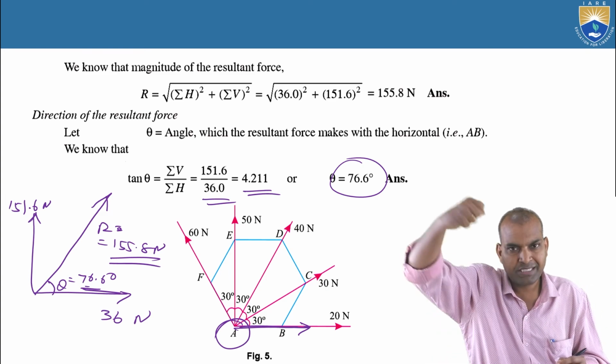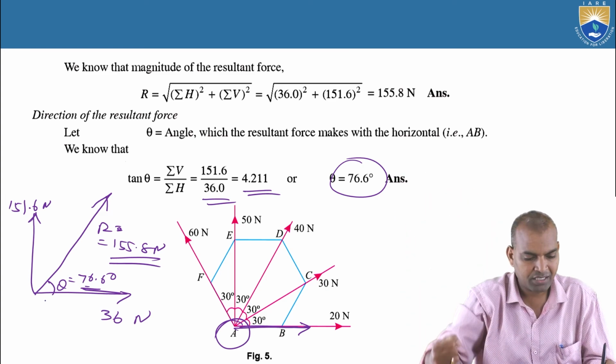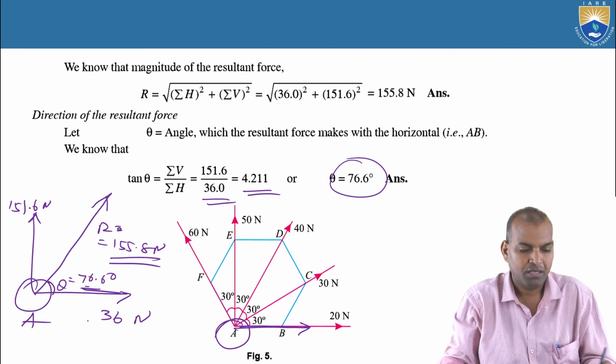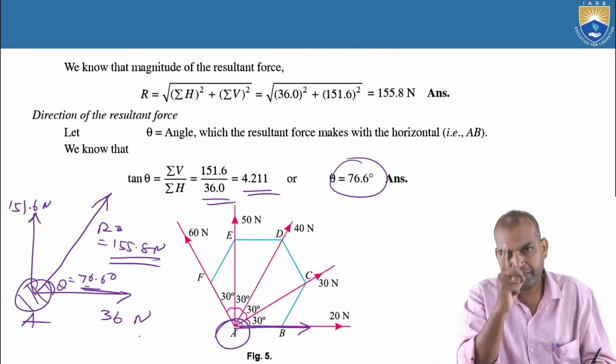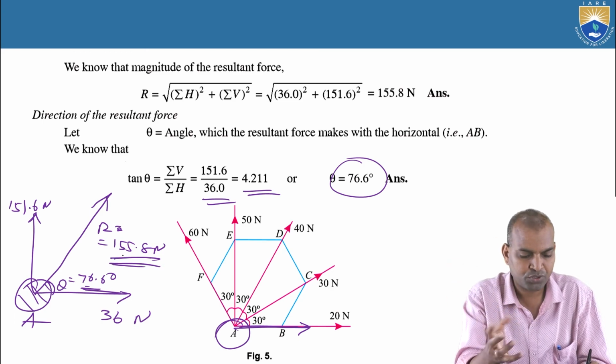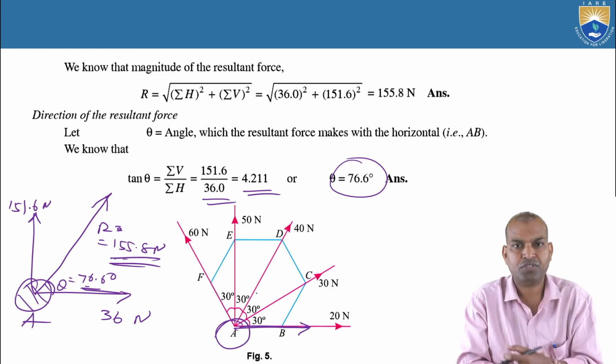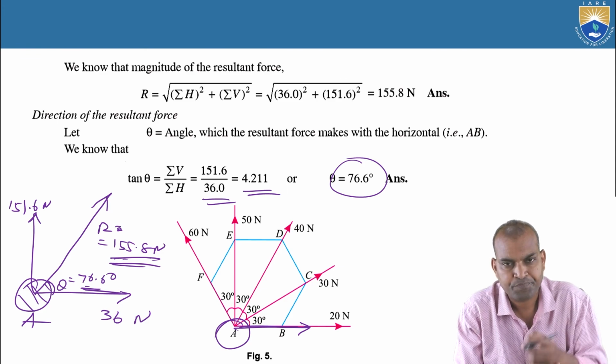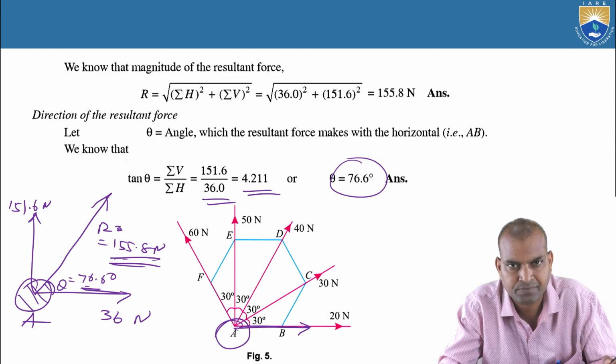So all the forces are tensile, acting away from this point A. Then a single force, the effect of all these forces equal to a single force, is 155.8 newtons. That is the resultant force.